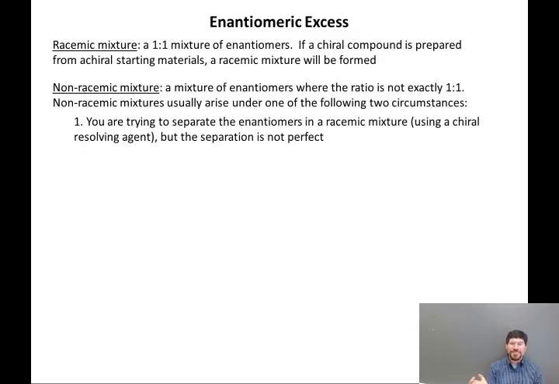That is an experiment that is commonly done in organic chemistry lab, in which case you use some other chiral compound called a resolving agent to react specifically with one enantiomer and not the other one, and therefore, because one enantiomer reacts, the other does not react, you have achieved partial separation.